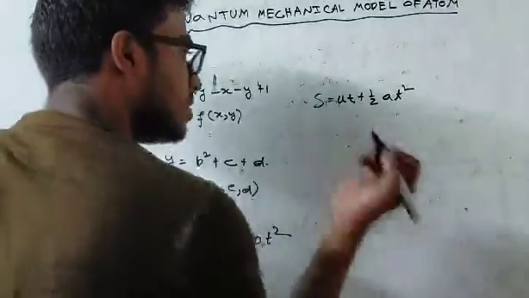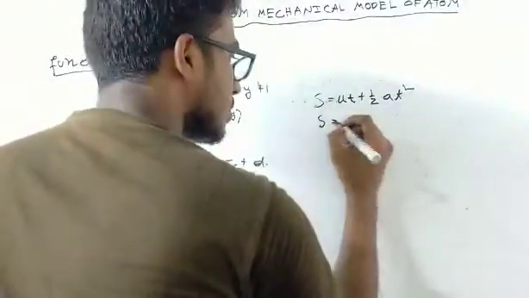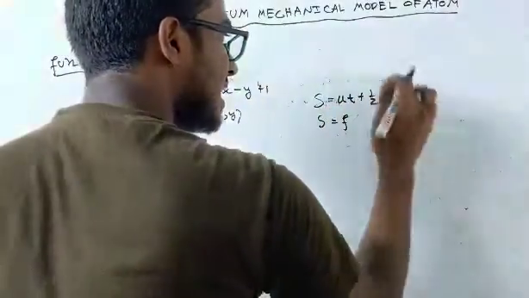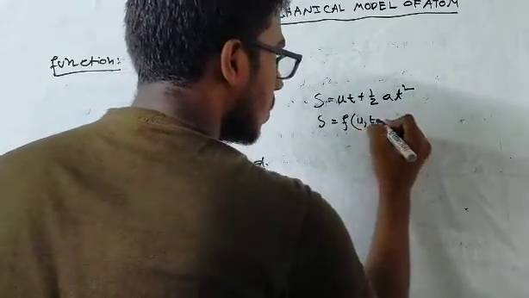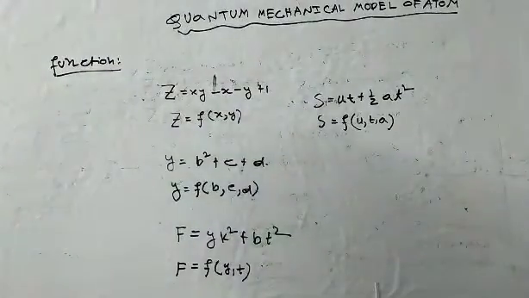So if I want to write this equation as a function, s is a function of u comma t comma a. So this is called a function.